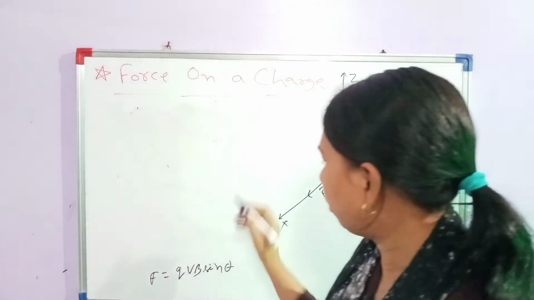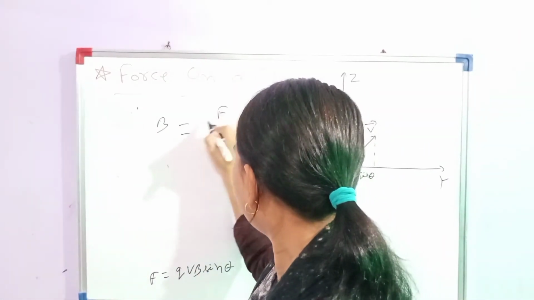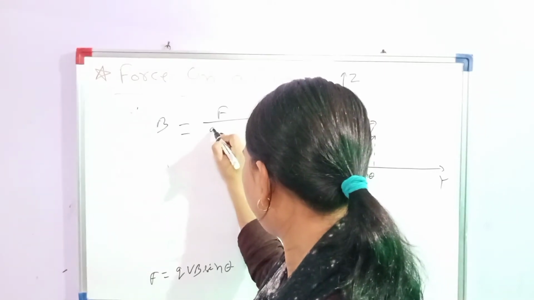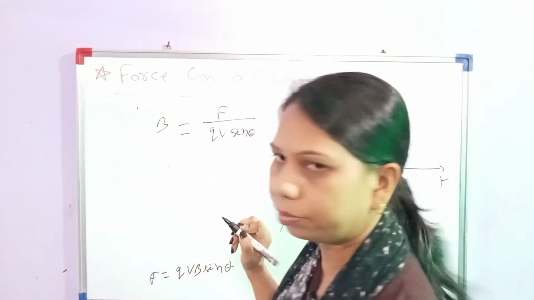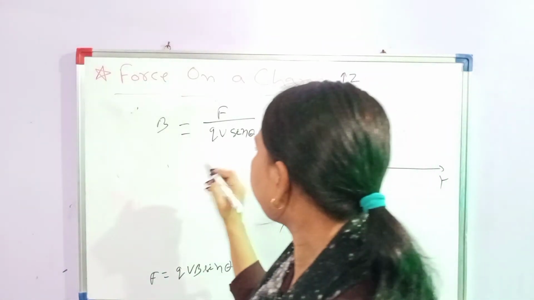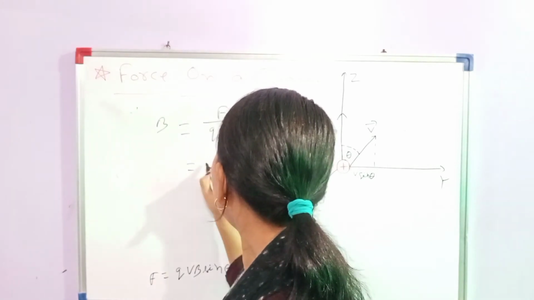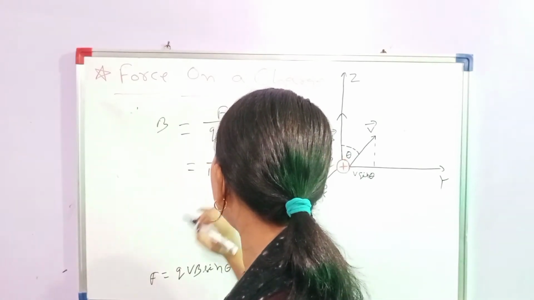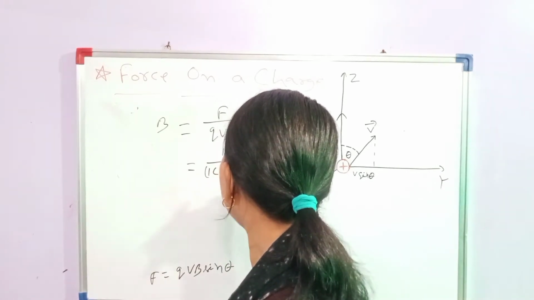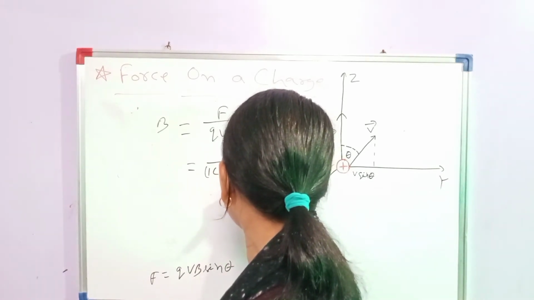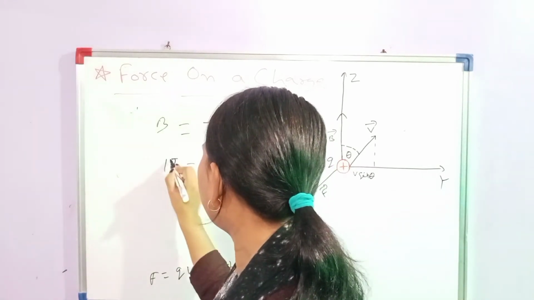From this formula, B equals how much? B equals F upon Q V sin theta. When F equals 1 Newton, Q equals 1 coulomb, V equals 1 meter per second, theta equals 90 degree, B equals 1 Tesla.